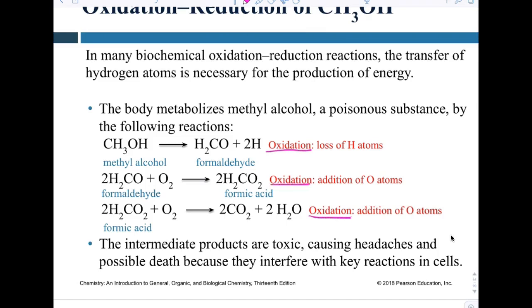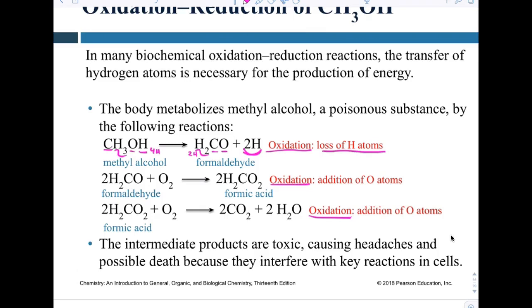You can see here that this compound, methyl alcohol, CH3OH, goes to H2CO. Well, I had 4 H's to begin with, and I have 2 H's now. So I lost H. You can also see the hydrogen hanging out as a product, meaning it's being lost. If you lose hydrogen, that is oxidation.